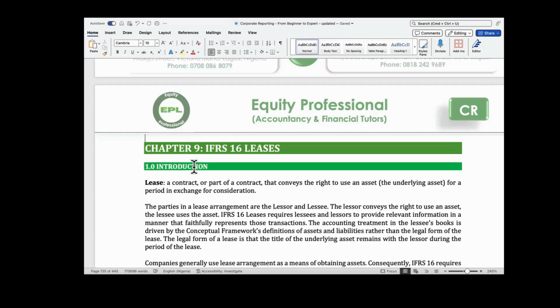And when we say right to control, I mentioned that it can either be where the lessee has right to obtain substantially all the economic benefits, and also where the lessee has right to direct the use of the assets. These two indicate right to control. We looked at some scenarios to take care of that.